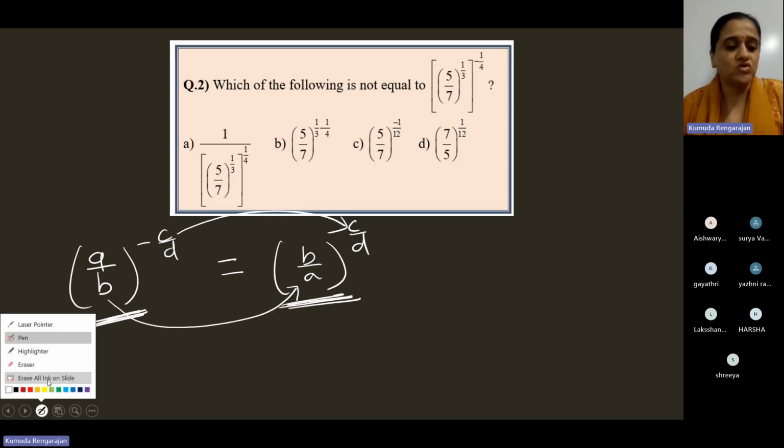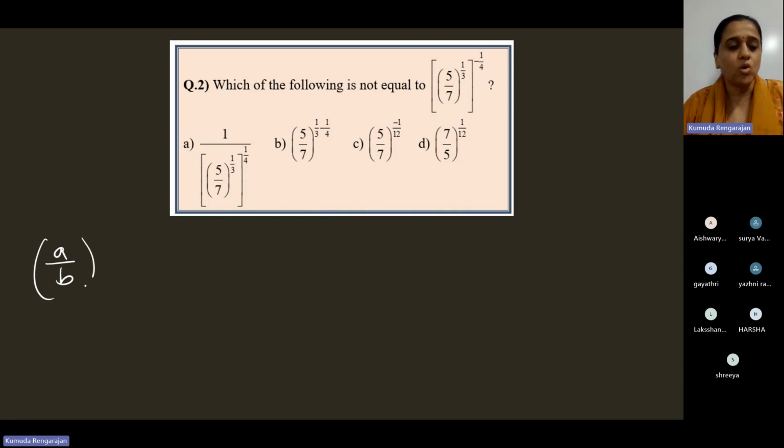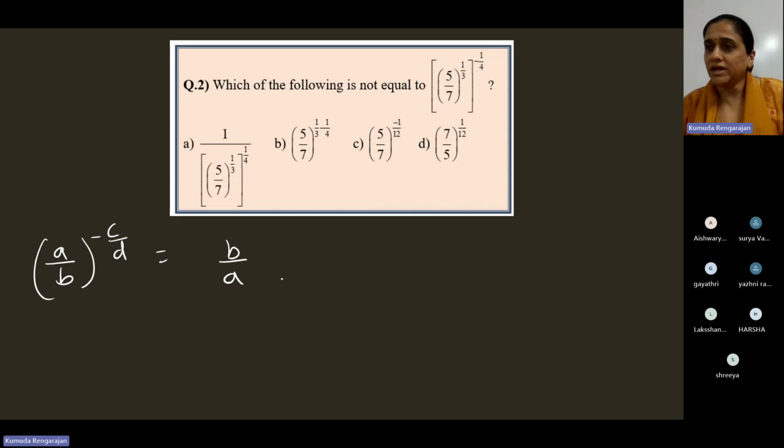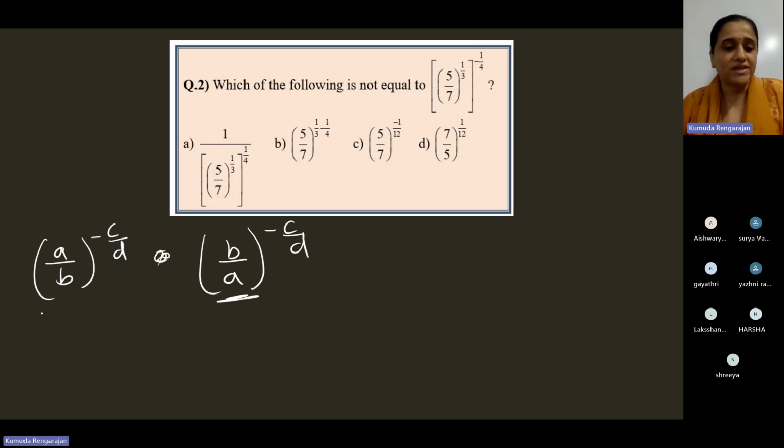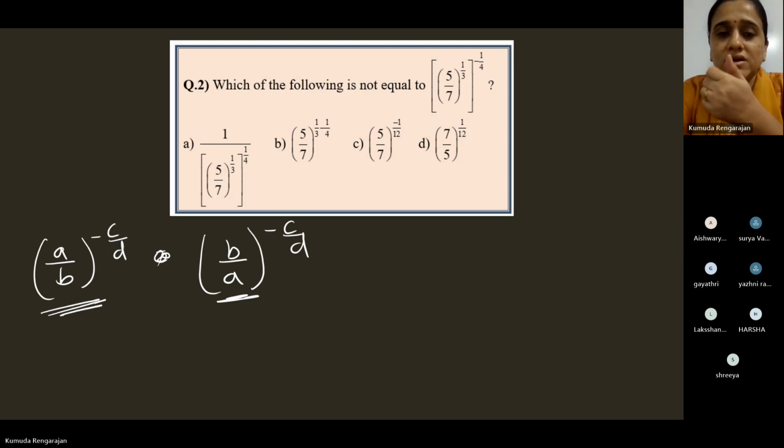But if you do only one of the two changes, A by B, the whole power minus C by D, supposing you write the reciprocal of the base, you write A by B as B by A, but you write the power as it is. Then they're not equal. Then this expression is the reciprocal of this expression. The two changes are taking the reciprocal of the base and writing the negative of the power.